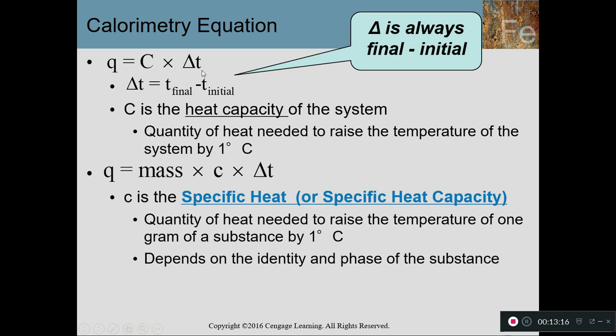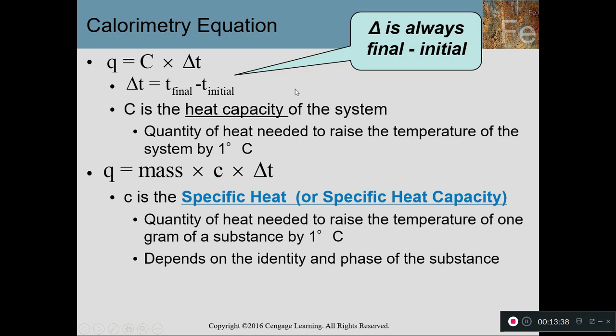While a system, you don't know how much of the material you have, you just know that the system has a ratio of amount of heat that's needed to raise the temperature 1 degree Celsius, a ratio of heat in or heat out versus temperature change, then you would use this concept of heat capacity.